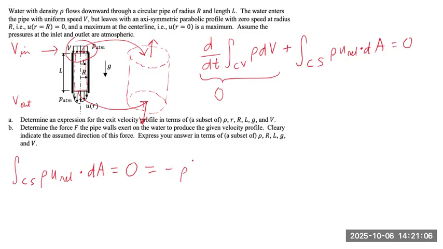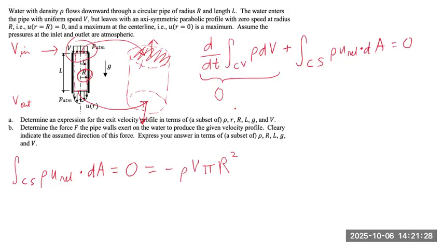So negative rho V multiplied by the surface area of the control surface, which is pi r squared, because we are taking the control volume to have radius r.